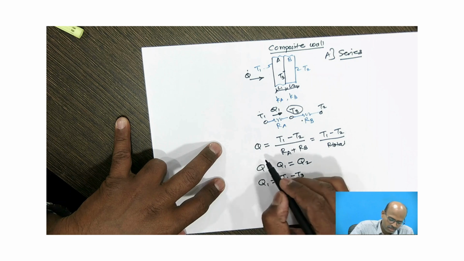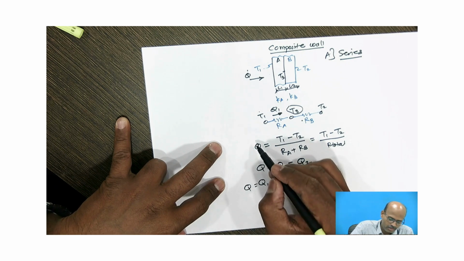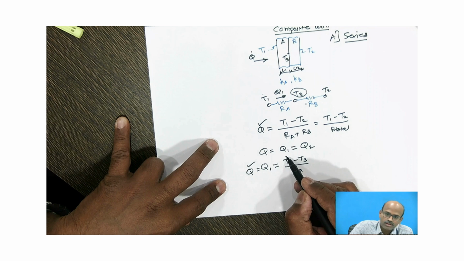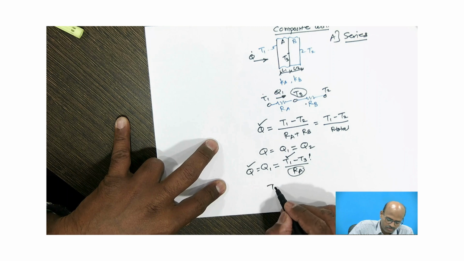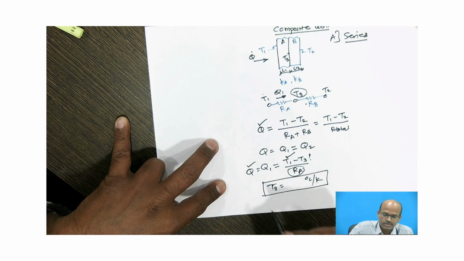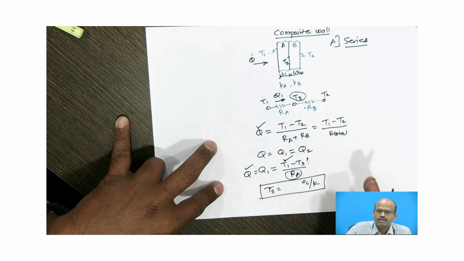Now see here, Q is equal to Q1, so already we know this Q value. So you can substitute over here. T1 is known, Ra already calculated, unknown T3, we will get the value of T3 either in degree Celsius or in Kelvin. So in this fashion you can solve the numericals on plain wall and composite wall.